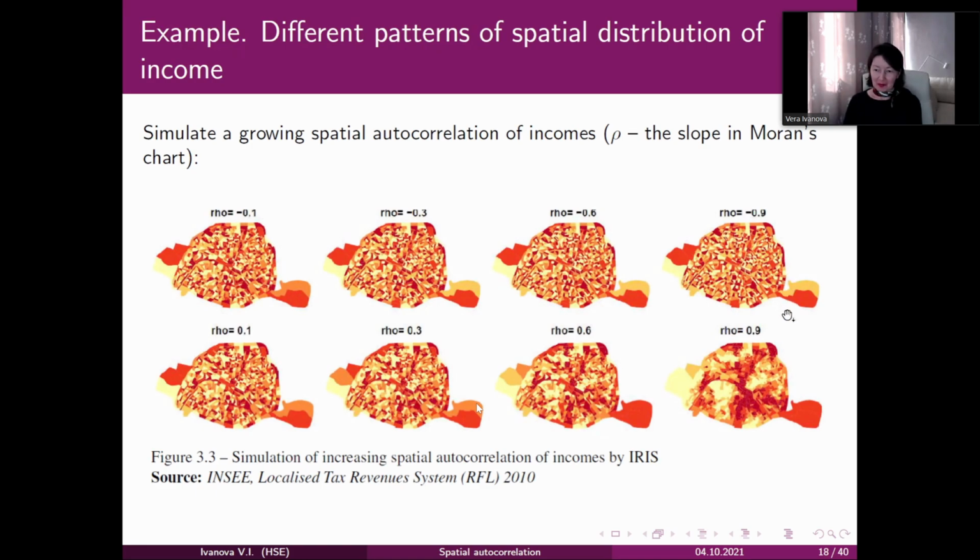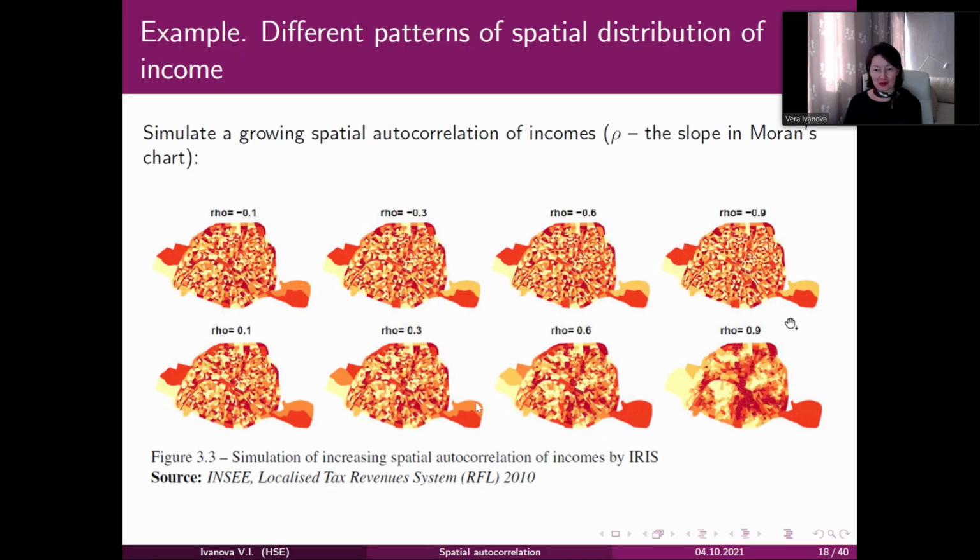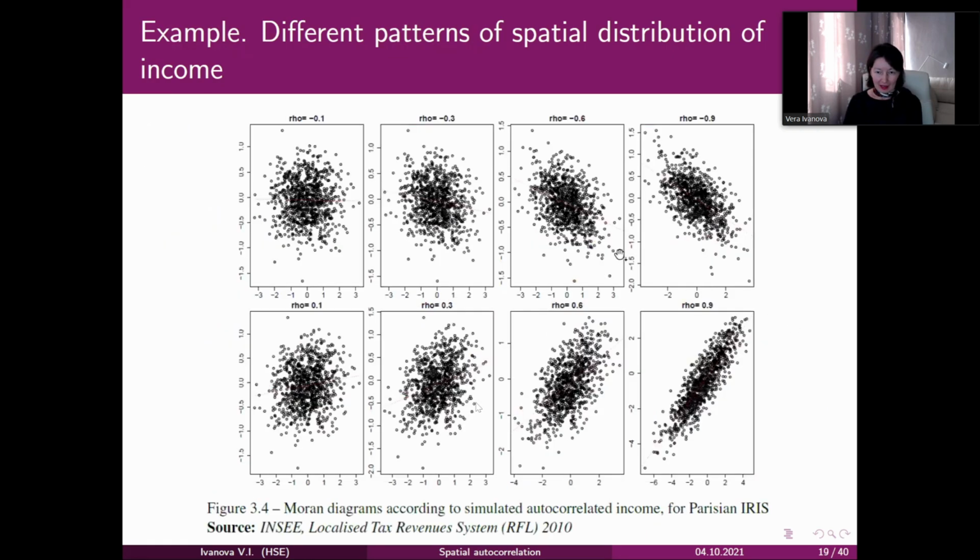Yeah, this is not the best way to distinguish randomness or contrastness. So we will compute a numerical value to measure the spatial autocorrelation.